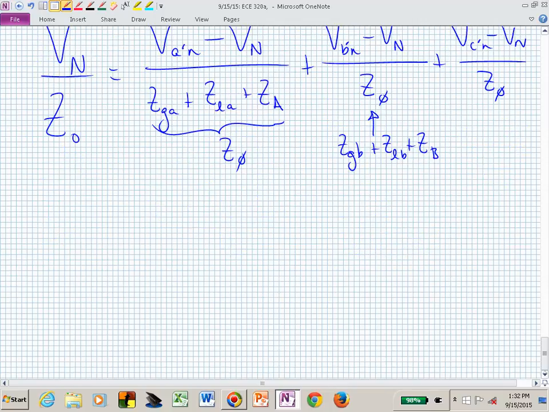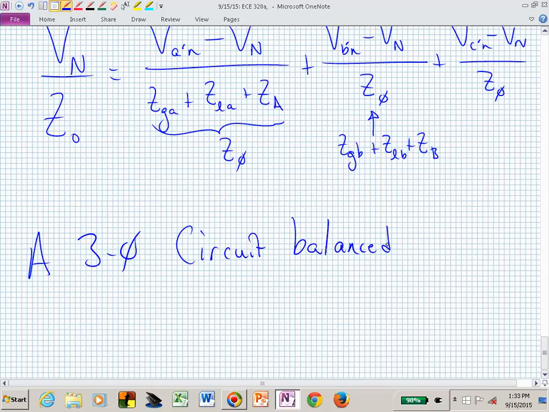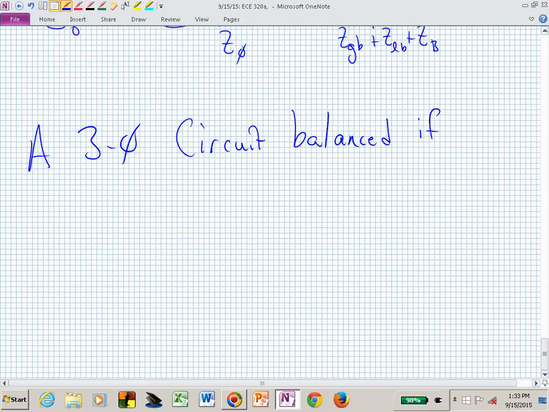If all of this is balanced, here are some conditions that are associated with a balanced three-phase circuit. One is that all of our source voltages form a set of balanced three-phase voltages.